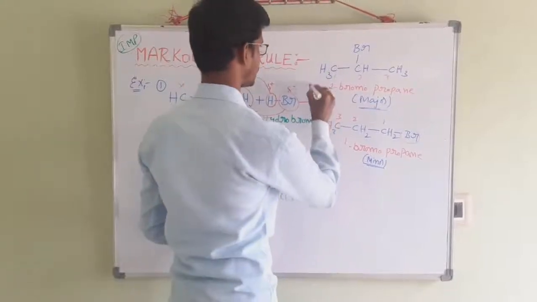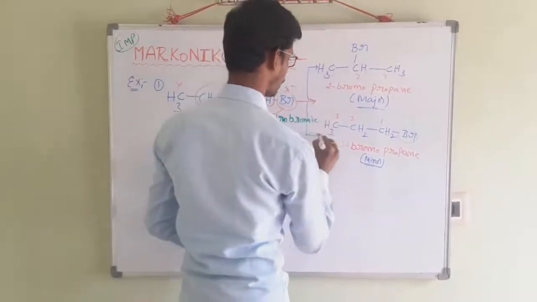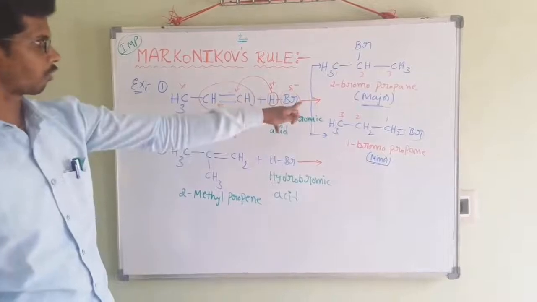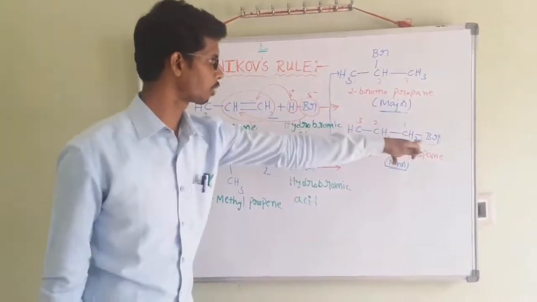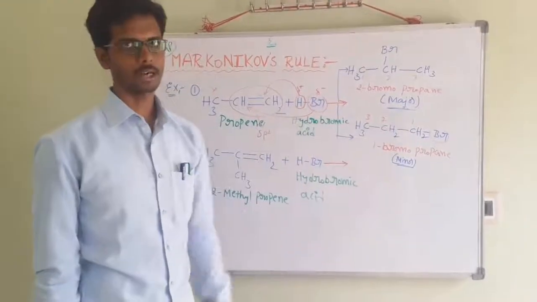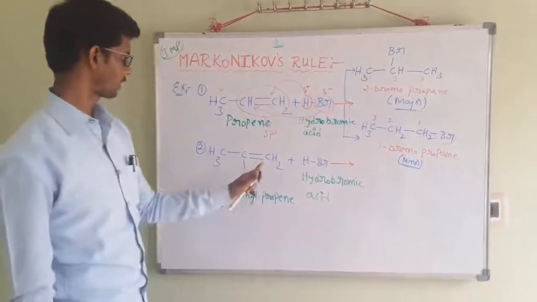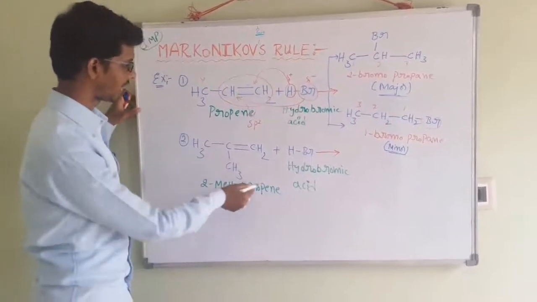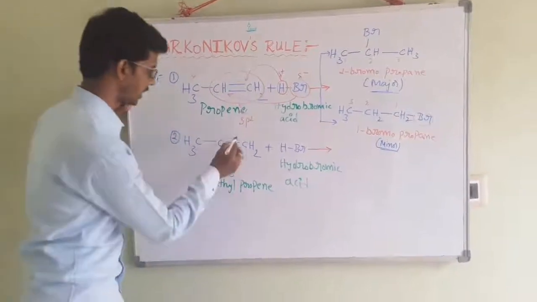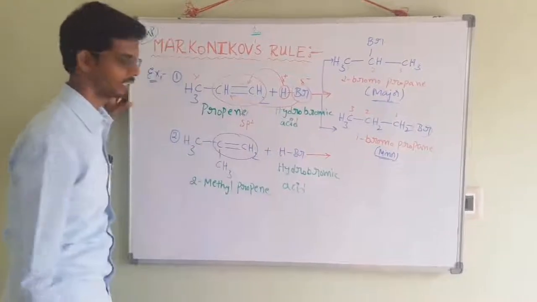Here in this reaction, two products are going to be formed. According to Markovnikov rule, 2-bromopropane is the major product and 1-bromopropane is the minor product. Next, let us see the second example. Here I take 2-methylpropene. This is also an alkene center.